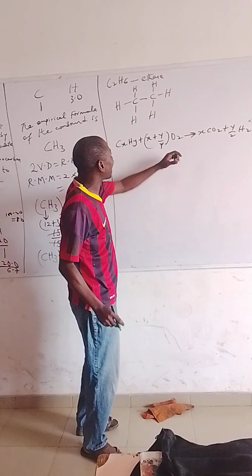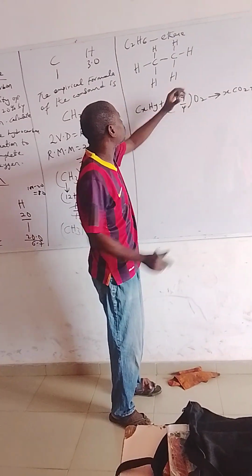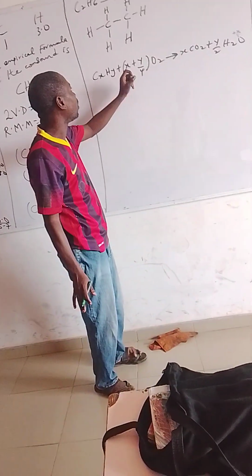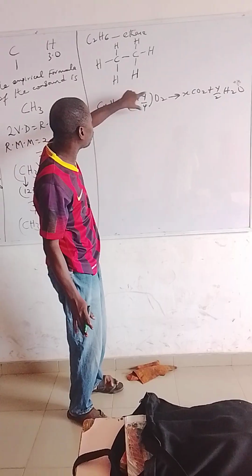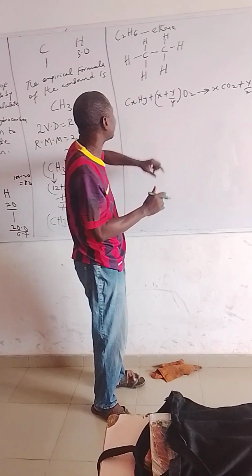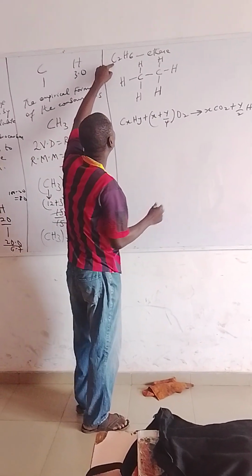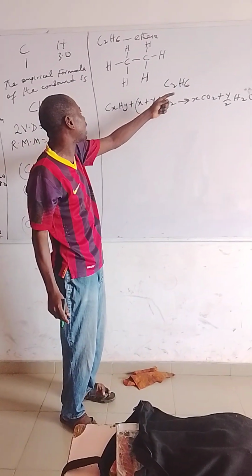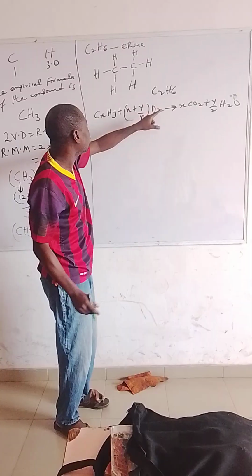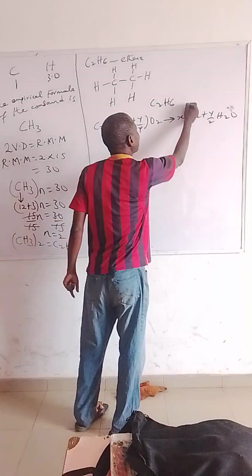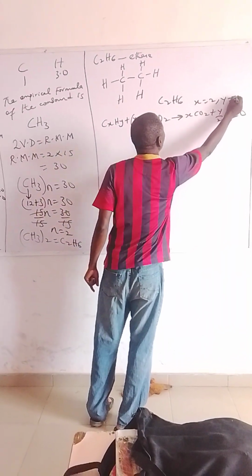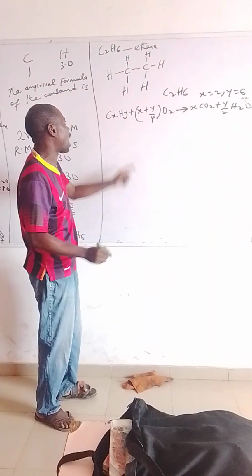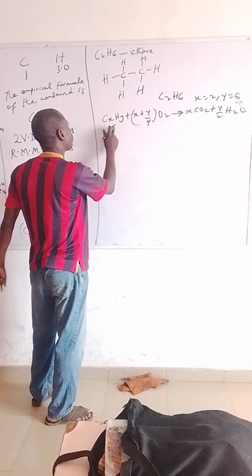Any chemistry student that can write this will find it easier to balance the equation for combustion of hydrocarbon. Once this equation is used, we get it perfectly. Now the hydrocarbon in question is C2H6. As you know, combustion is the breaking down of a compound in the presence of oxygen. So here, my x is equal to 2 and my y is equal to 6. I'm going to plug in 2 for x, then 6 for y.